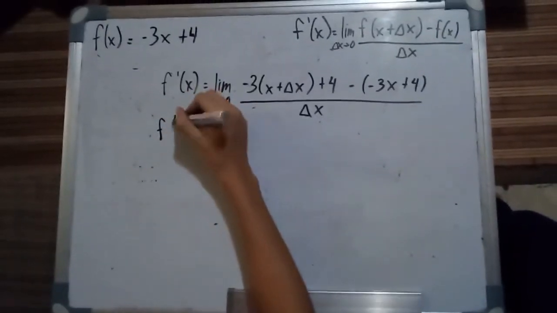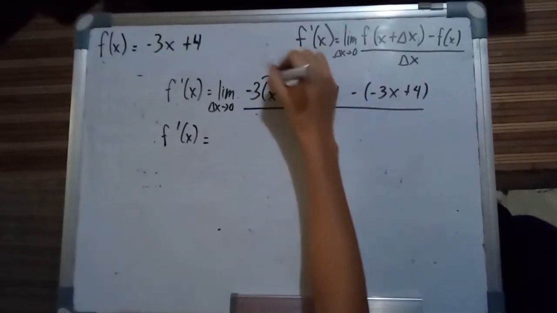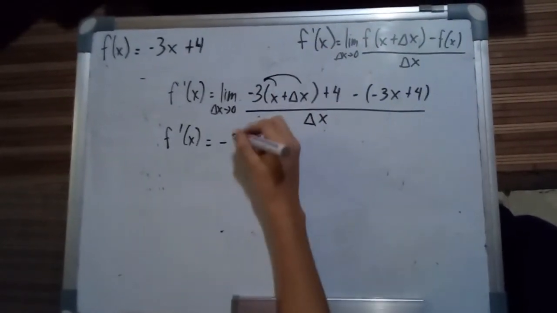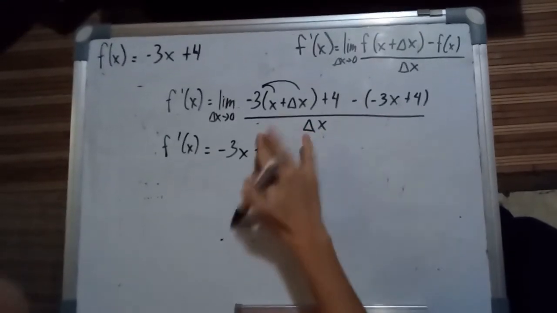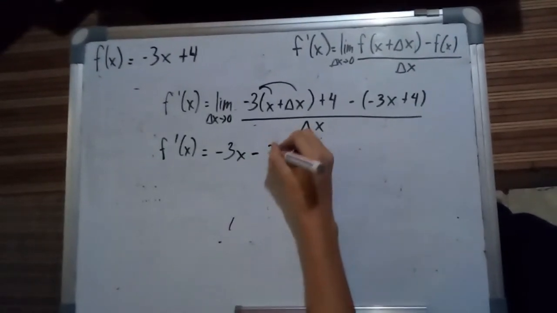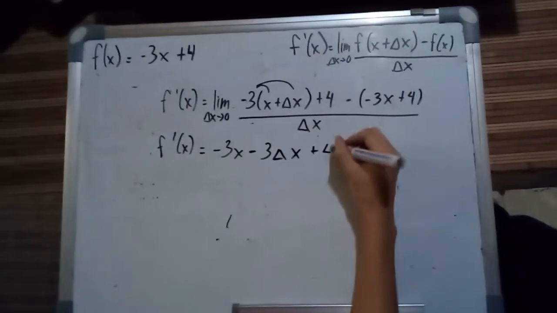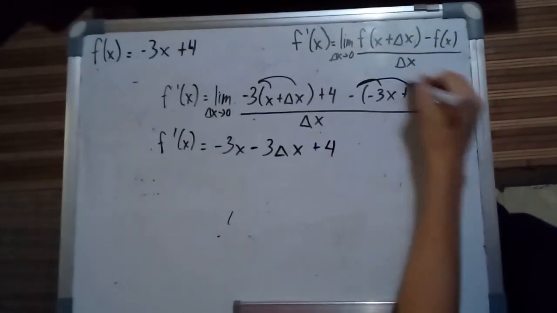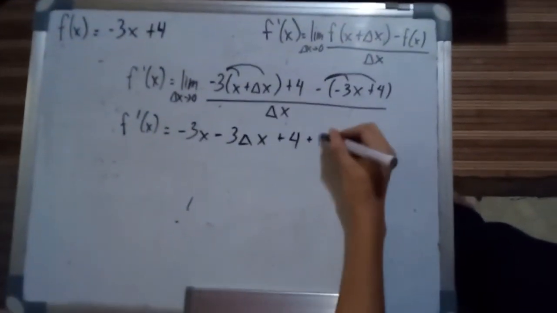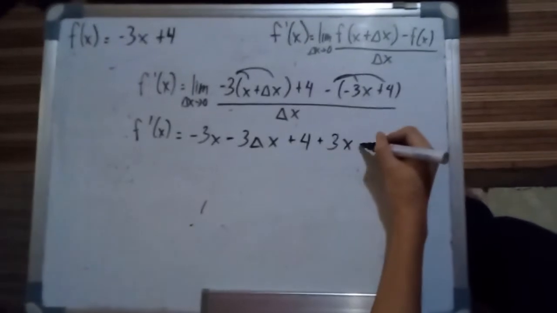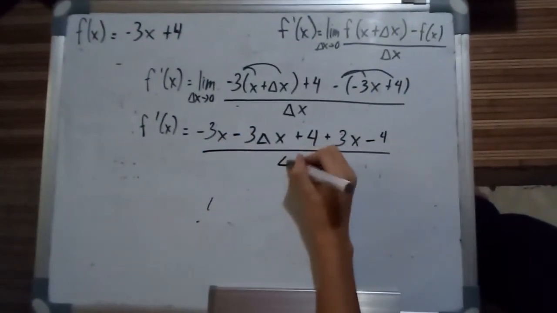Next, we distribute negative 3 to the quantity, so it's negative 3x minus 3 delta x plus 4, and we distribute the negative to the function, so it's plus 3x minus 4, all over delta x.